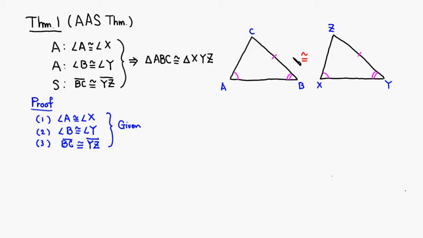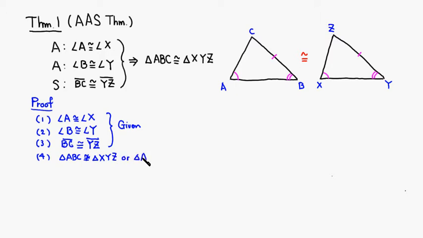So let's do that. I've already written down the givens. What I'm going to do is list all possible cases. Say triangle ABC is either not congruent to triangle XYZ, or they are congruent.